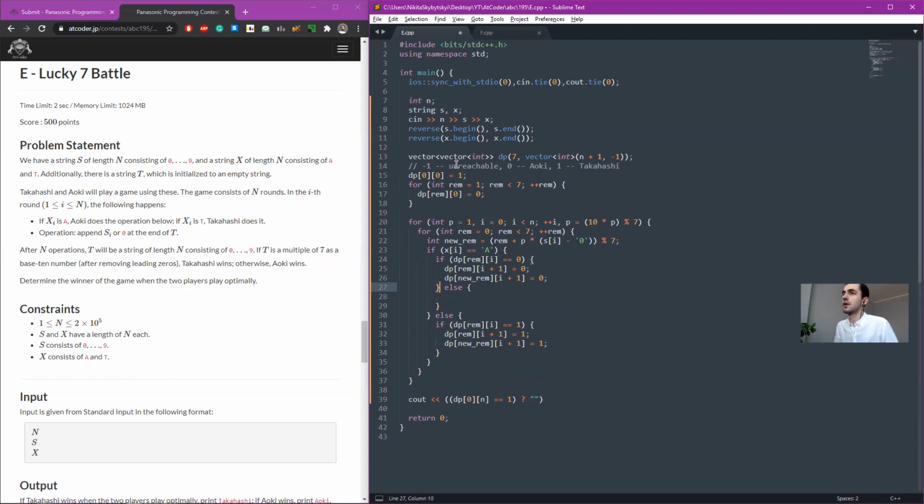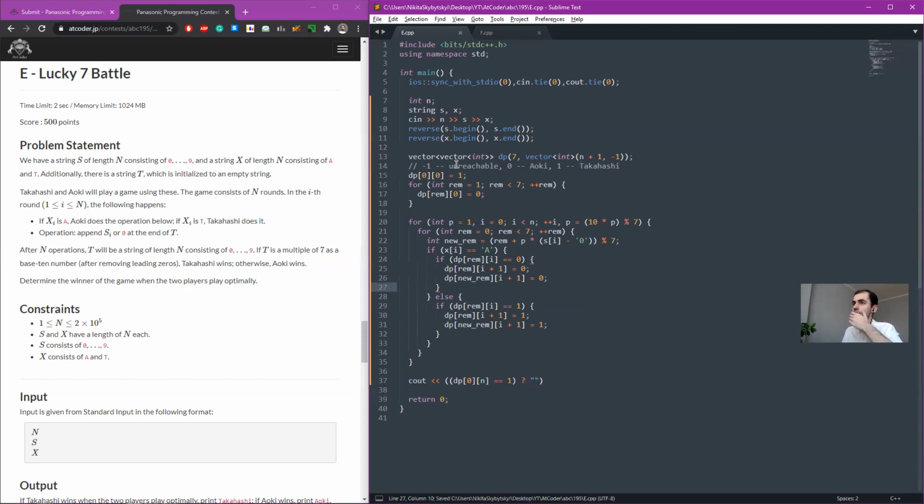Wait. Can move to at least one position, or he wins. Otherwise, it's actually important. Otherwise, he loses, right? Because he can't move to the position where he wins.